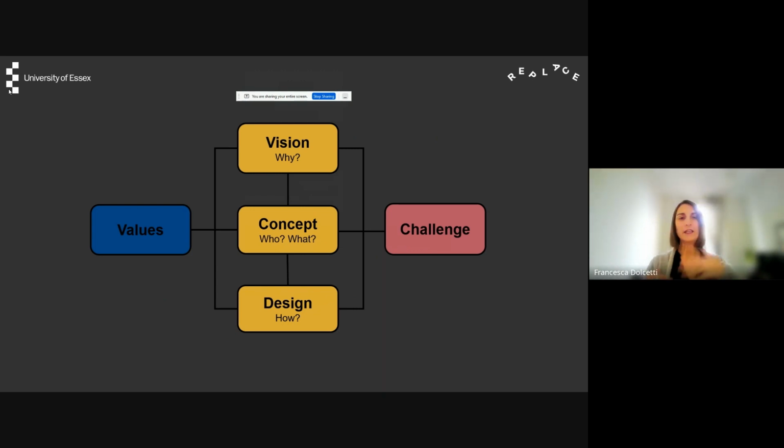The first step is selecting a set of guiding values to consciously reflect on and implementing them in the following design stages that are vision, concept, and design.